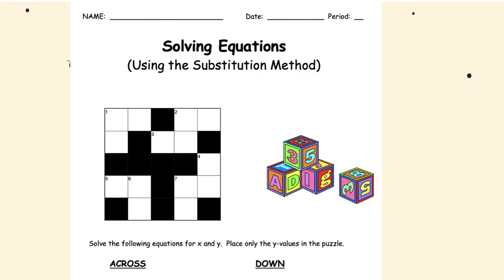For this, you are going to absolutely have to do your work on the back. You cannot do this in your head. Okay? If your work is not on the back or it's not on notebook paper stapled, you're not going to get credit. So, what we're going to do, it's got a little puzzle so you can check your work.